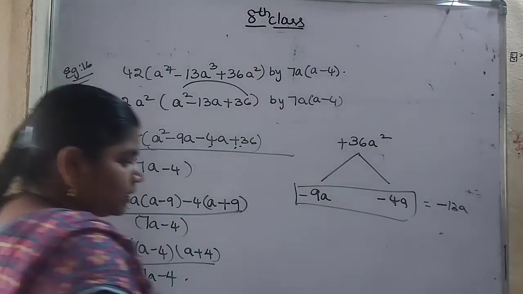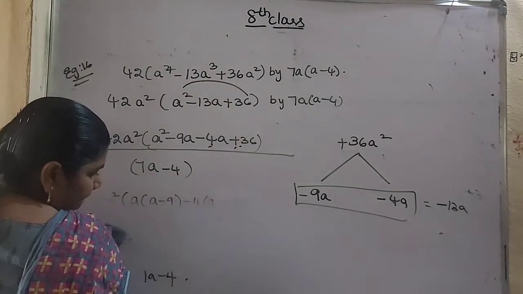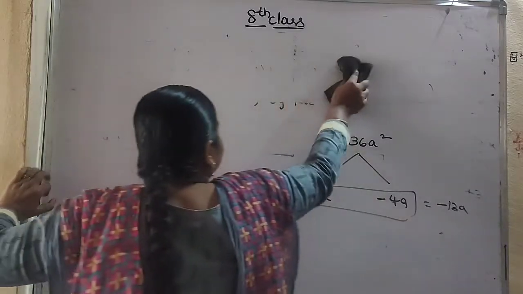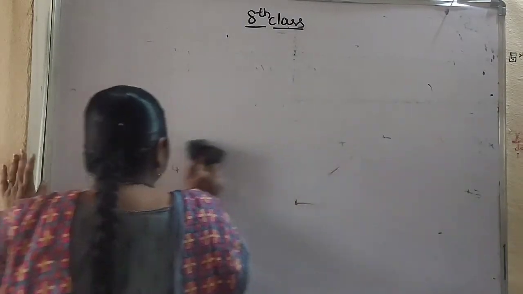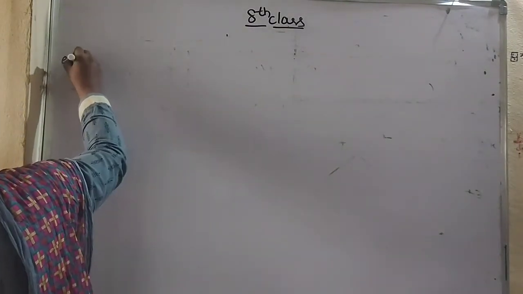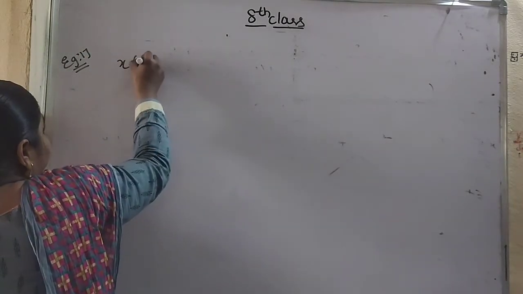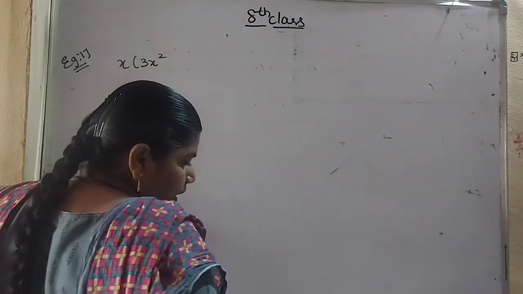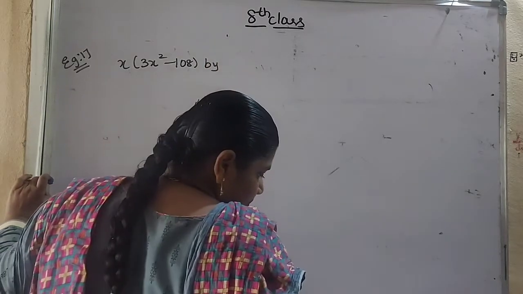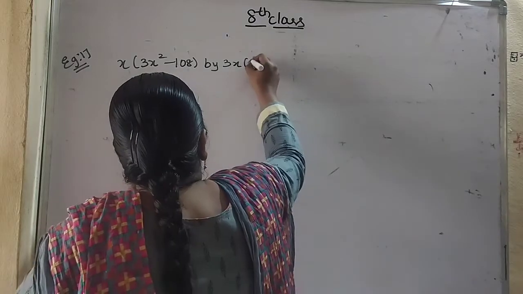Next is example number 17, the last example in this chapter. Example number 17: x into 3x square minus 108, divided by 3x into x minus 6.